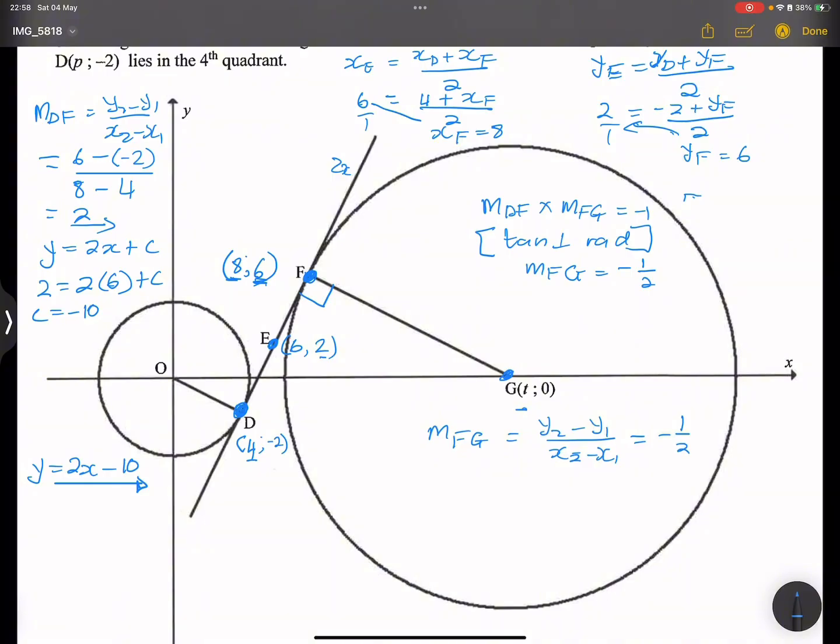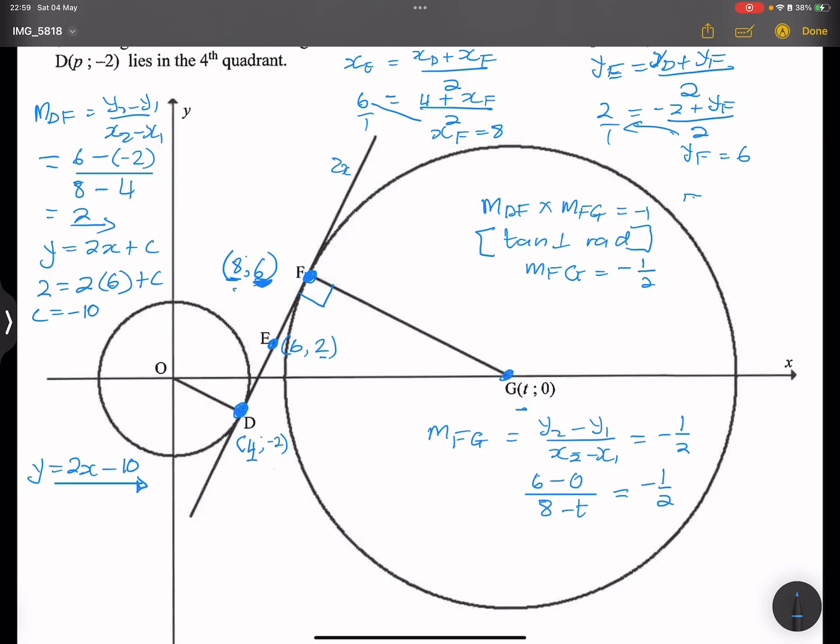So y2, that's 6 minus 0, divided by x2, that's 8 minus t, and this is equal to -1/2.